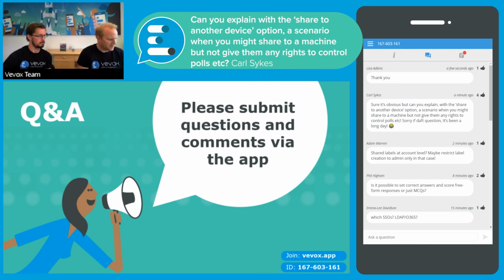Carl's question has fired up on the likes here. He says, sure it's obvious, but can you explain, with the share to another device option, a scenario when you might want to share to a machine but not give any rights to control polls, etc.? I can probably answer that one.